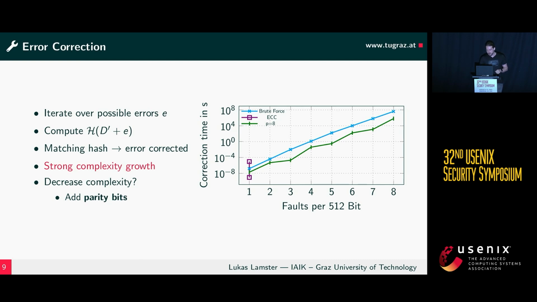A much more interesting approach, however, is when you consider what DRAM errors look like. If we think about a single stuck pin error, when we read from DRAM, the distance between the faulty bits will always be the same. So we can limit the search space rather strongly, and this allows us to correct, for example, an 8-bit error. If we do that in the brute force approach, that just takes about a year.